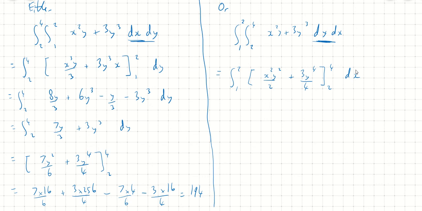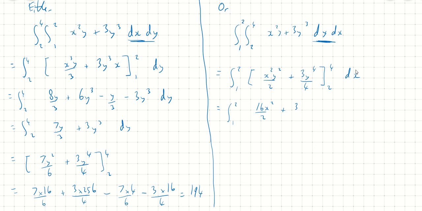Now let's substitute in the limits for this inner integral. Remember this inner integral is with respect to y, so we're going to substitute in these values for y. So we get y squared, 4 squared is 16, x squared over 2, plus 3 times 4 to the power of 4, that's 256, isn't it?